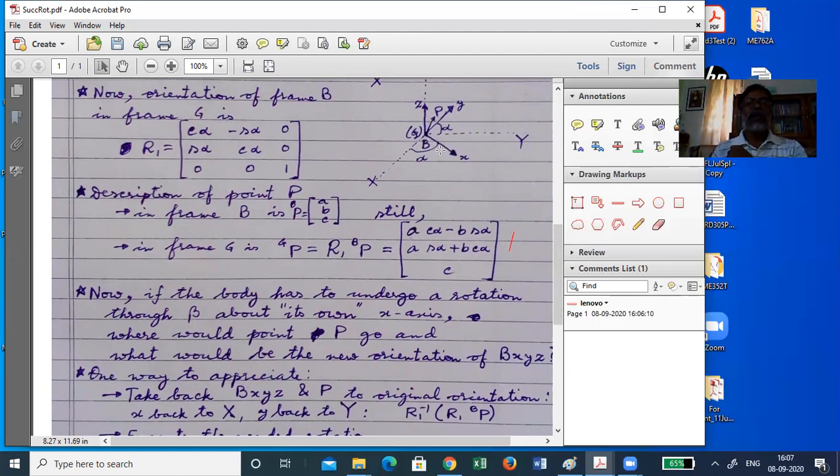About its own x-axis, if it has to turn through an angle beta, then the x-axis will remain here, and y and z will turn about it. So where would point P go now? And what would be the new orientation of this frame B, x, y, z?